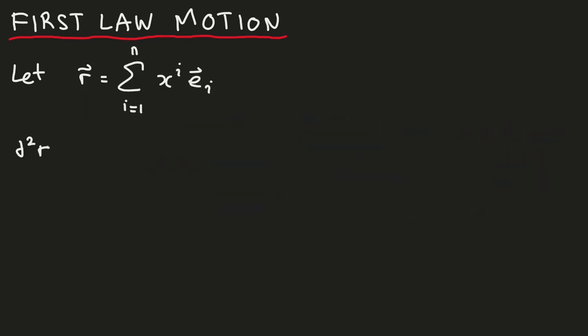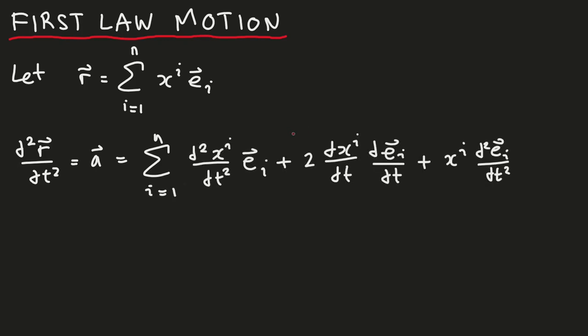So if I take the second derivative of the position vector, I will get the acceleration vector equal to this long term, which I leave as a proof for the audience. By this form, we will get interesting properties of these results.